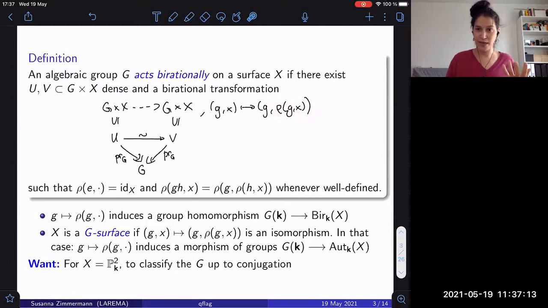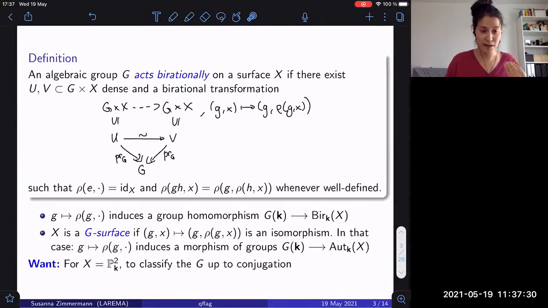This is supposed to be an action, but the action may not be defined everywhere. So I want this to be birational, and that means there are dense open sets U and V on which this map restricts to an isomorphism.